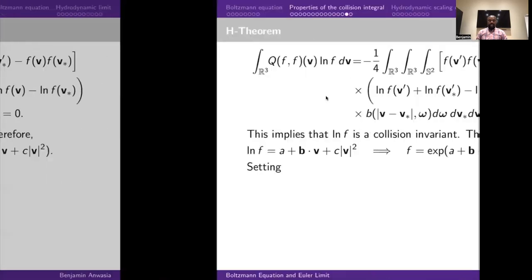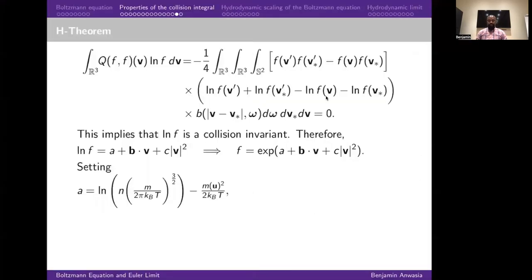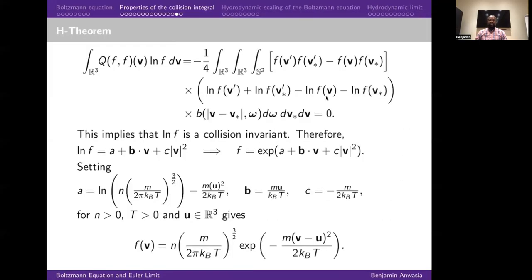Now, if we set A to be equal to the following expression, set B to be equal to the product of the molecular mass times bulk velocity divided by the Boltzmann constant times temperature, and set C to be equal to minus the molecular mass divided by 2 times the Boltzmann constant times temperature, for n greater than 0, T greater than 0, and u in R3, we obtain the following form of the velocity distribution function, which is often called the local Maxwellian.